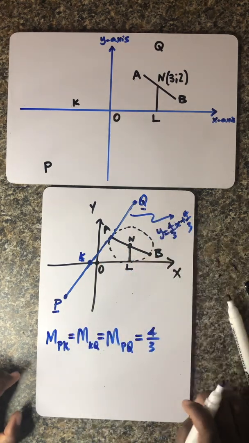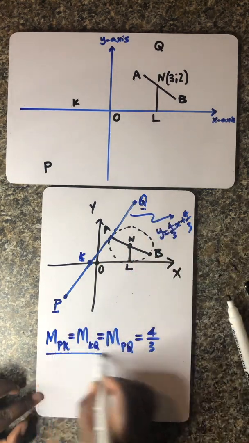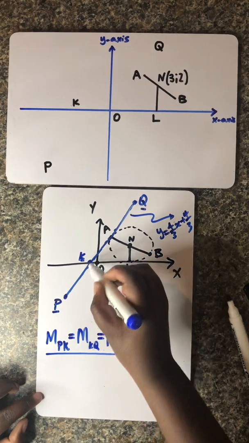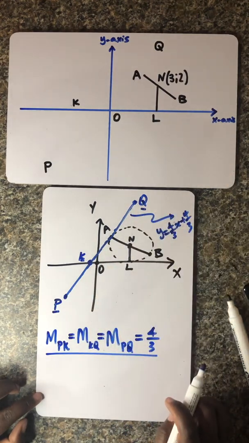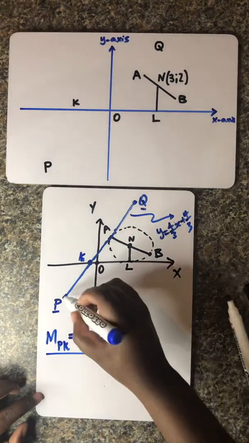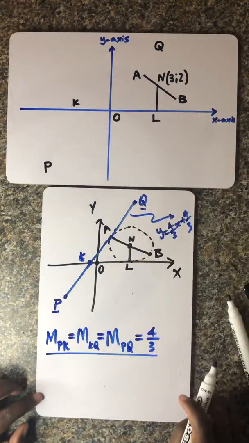regarding collinear lines. So ladies and gentlemen, why am I saying the whole of this? It's because I know very well that these 3 points are collinear. Okay, so that means they fall along the same line. These are the points which fall along the same line.